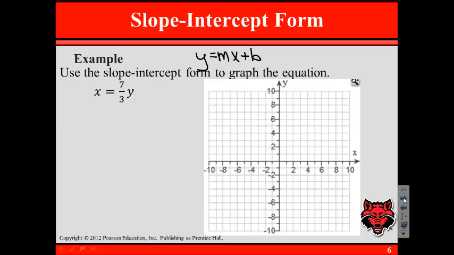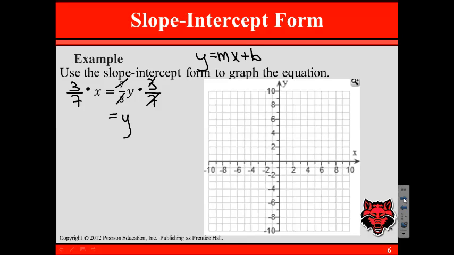So hopefully you remember from the last module, if we were multiplying a variable by a fraction, we can multiply both sides of the equation by its reciprocal to cancel that fraction. So we multiply both sides by 3 over 7. On the right-hand side, the 3 over 7 and 7 over 3 cancel, and we're left with y.